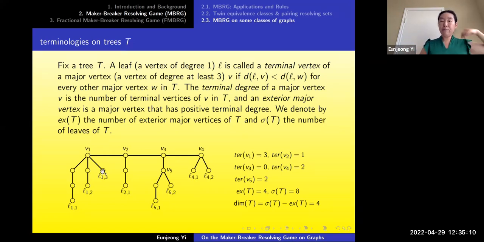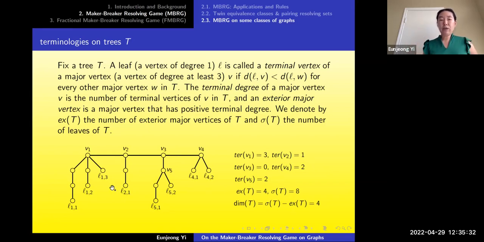Then they form a minimum resolving set in this case. With respect to the V2 and L21 path, you have only 1 path, the terminal degree being 1. So in that case, you don't have to pick any vertex to belong to a minimum resolving set.